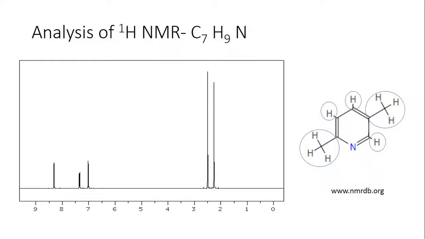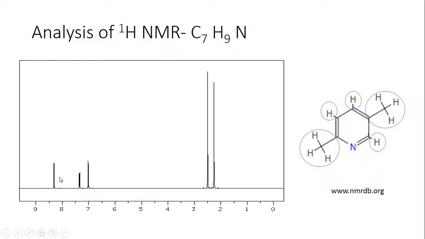So if you have 3, that indicates a CH3 group. 2 indicate a CH2 group, and 1 of course is a CH group, or it also could be an alcohol group as well. So we have 1, 2, 3 here, 1, 2, 3 here, 1, 1, 1.